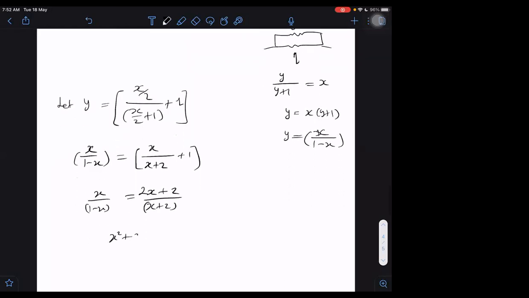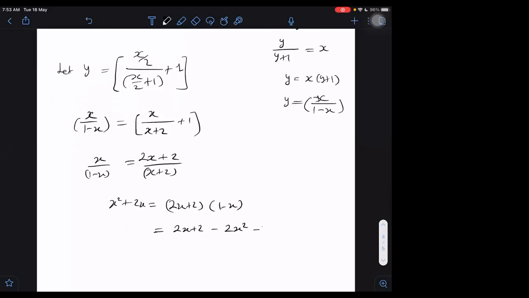Then x square plus 2x is equal to (2x plus 2) into (1 minus x), which is 2x plus 2 minus 2x square minus 2x. Finally, at last it is becoming 3x square plus 2x minus 2 is equal to 0.